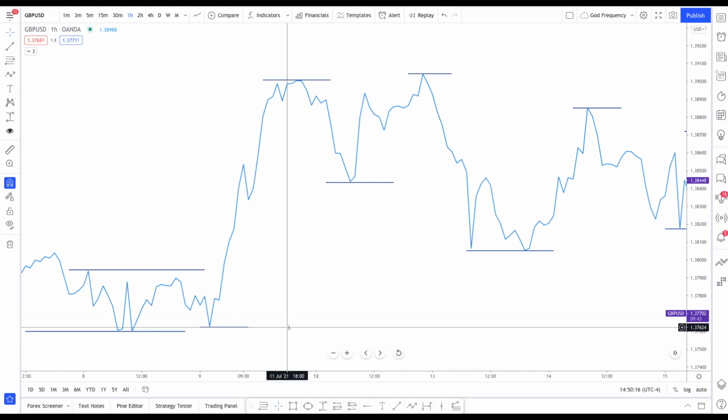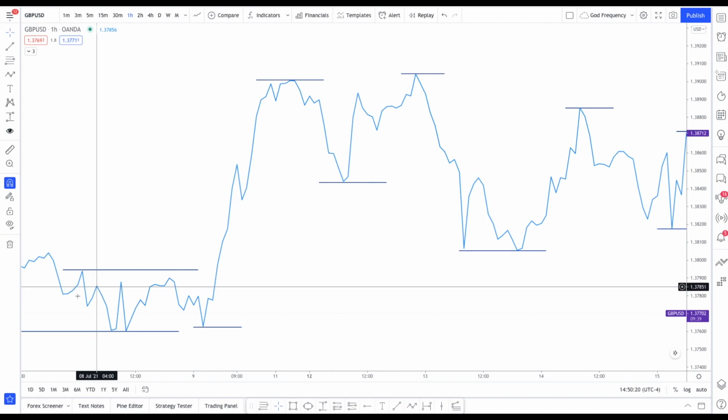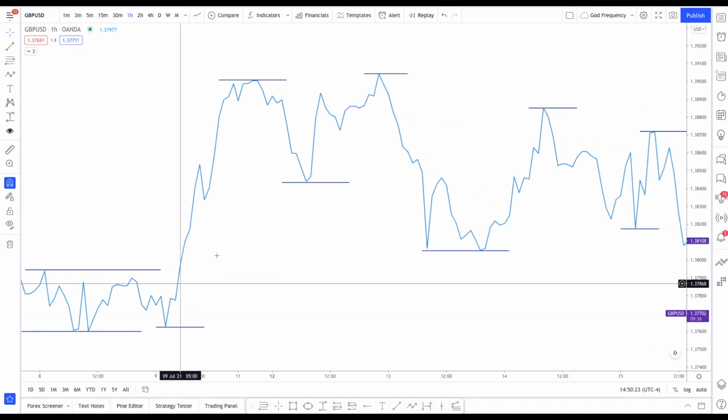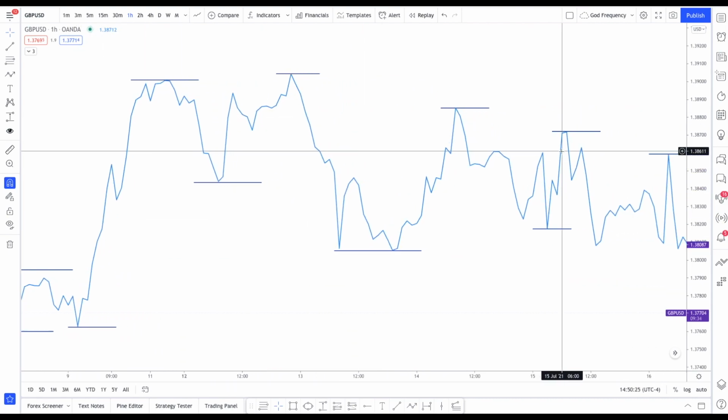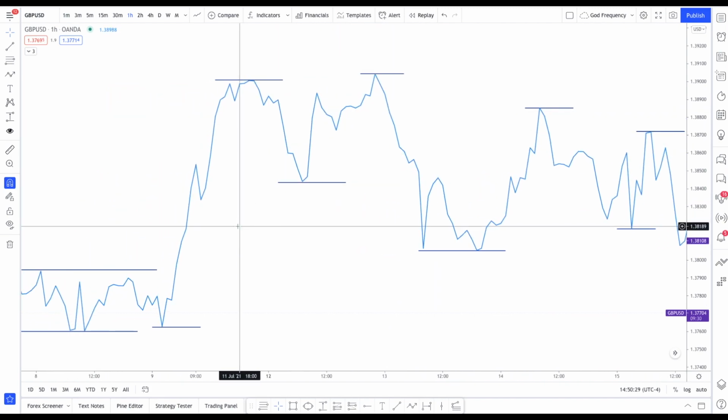You're going to get even more precise at these endpoints. Okay, so as you can see here, I'll show you how the candles can sometimes trick you into thinking it's something else, and I'll show you why.